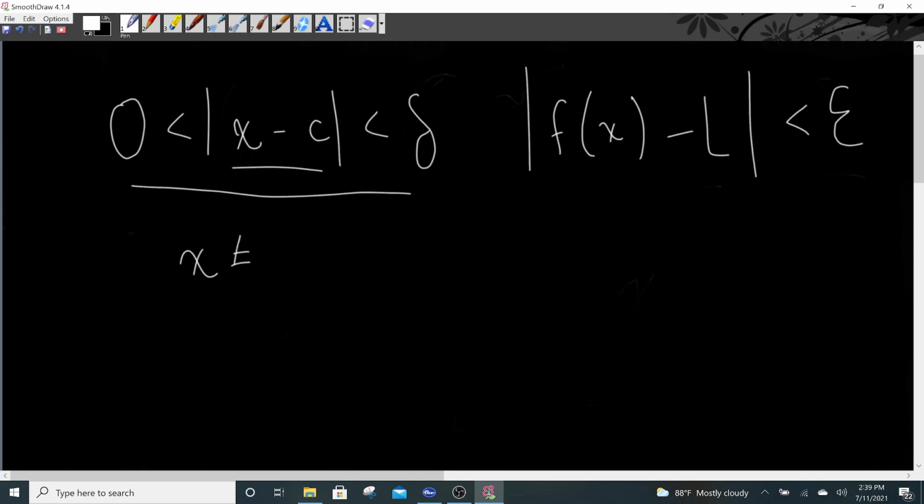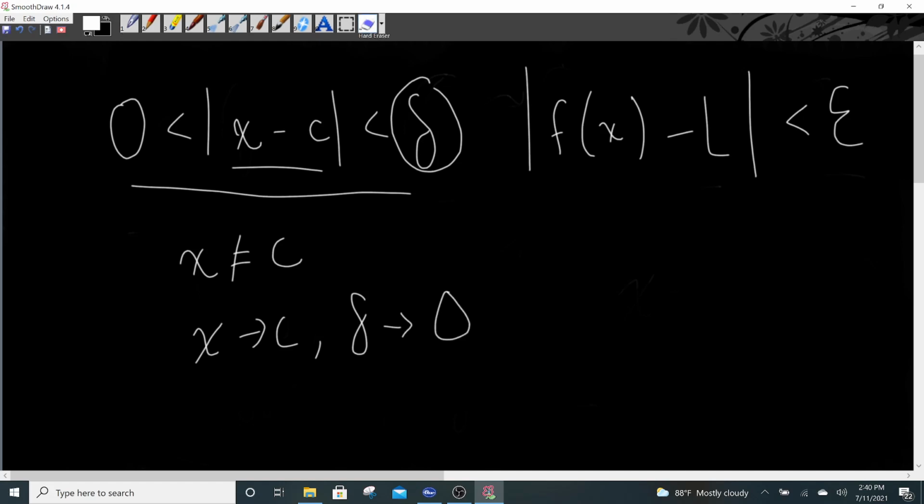That is our first idea because of this half, right? x cannot equal c. And then we are also saying that x is getting closer to c as this degree of precision, this delta, gets smaller and smaller, or approaches 0, right? That's basically what we're saying.